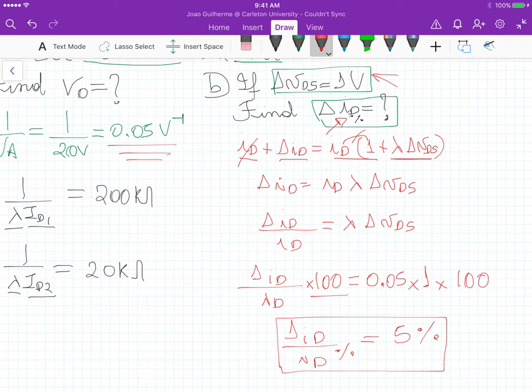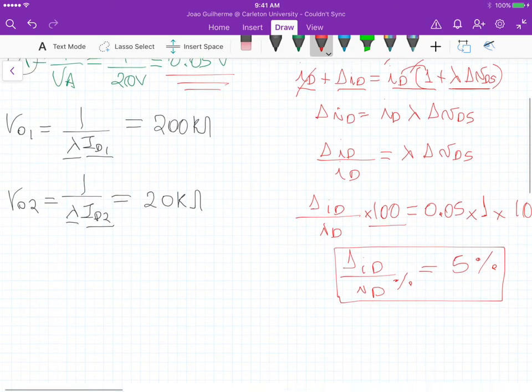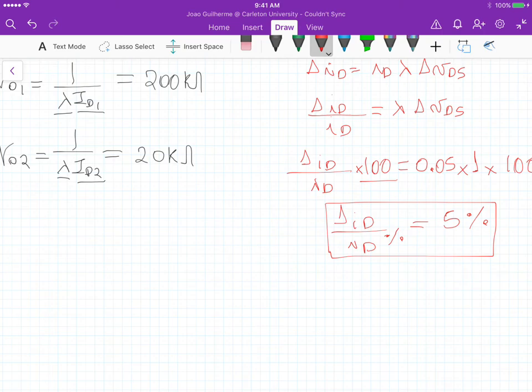And notice that this percentage change in ID is the same for both currents. So for the first current, delta ID percentage 1 corresponds to roughly 5 microamperes.